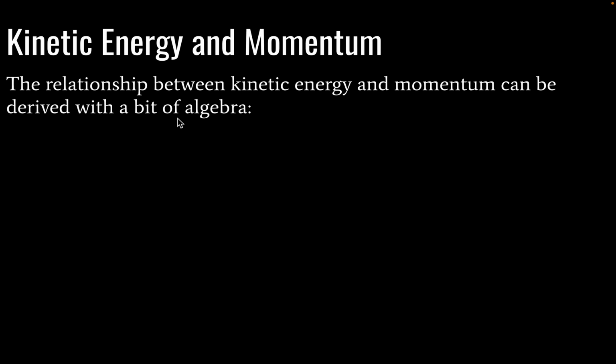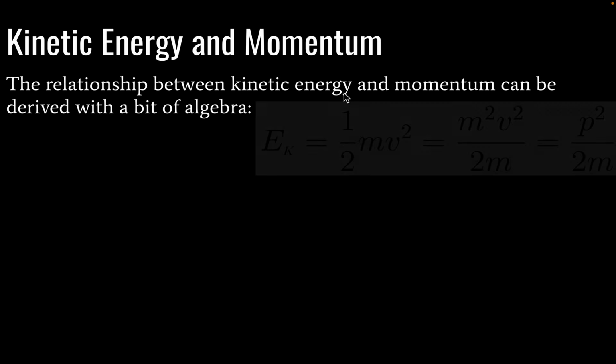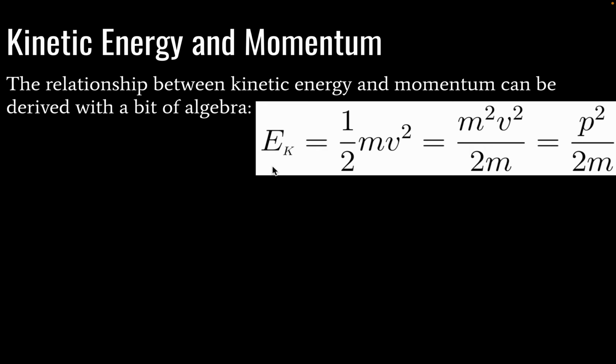So we can derive this relationship between kinetic energy and momentum using a little algebra. And here it is. I'm not going to go through this whole thing. You can look at it carefully. There's a little substitution involved here. Or rather, what I've done is multiply the numerator and denominator by mass, and that produces m squared in the numerator and m in the denominator.